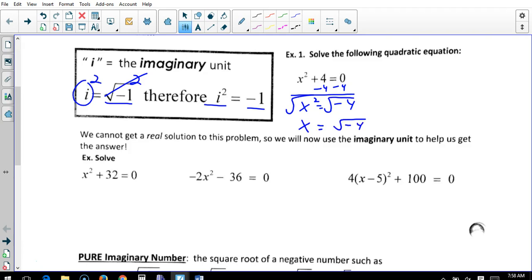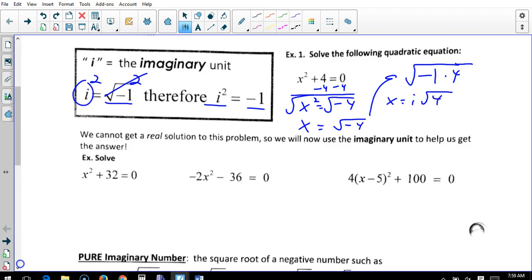But now, since i squared is negative 1, we can rewrite this as the square root of negative 1 times 4. So now the negative 1 comes out as an i.